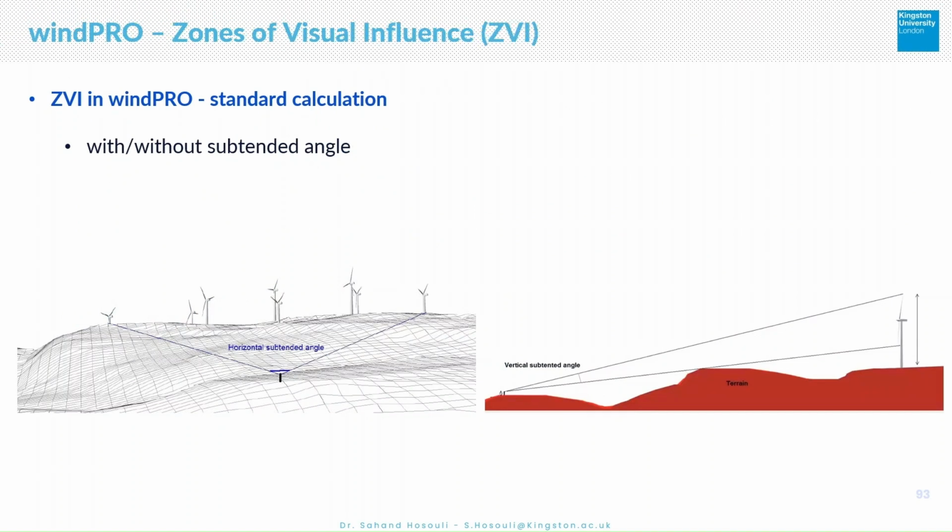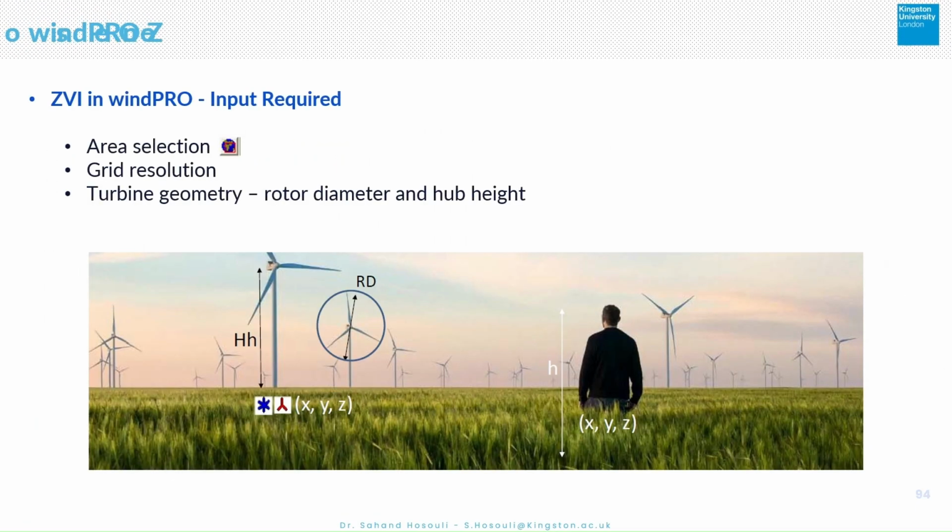A little bit about subtended angle: we have horizontal and vertical subtended angle. As I said, we're not going to cover that, but in short, the horizontal subtended angle is the angle between the first and the last turbine, as the image on the left-hand side suggests, and the vertical subtended angle is basically a height, as the right figure suggests.